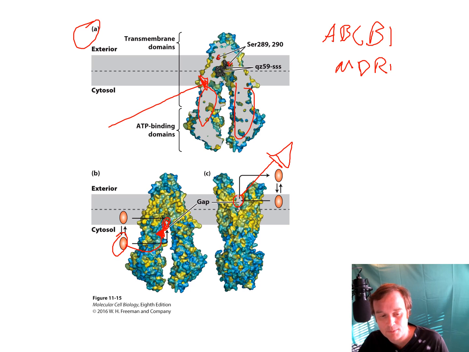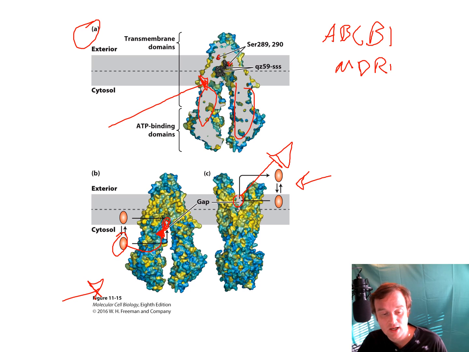And so a hydrophilic ligand can bind directly to the cytosol when the opening is facing the cytosol, like in our first example on the left here. And a hydrophilic ligand can also bind to the binding site when it is facing the exterior.